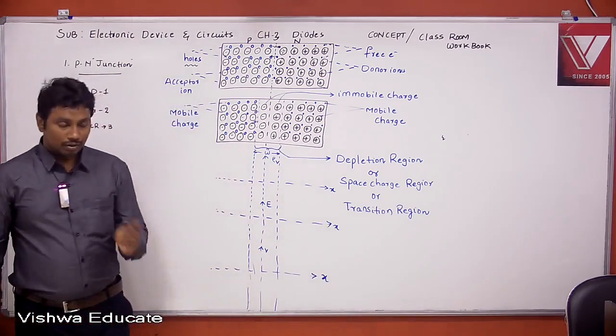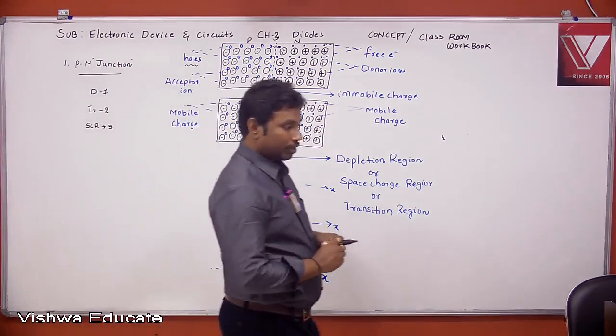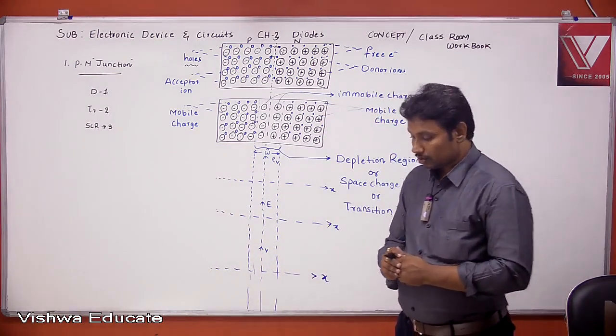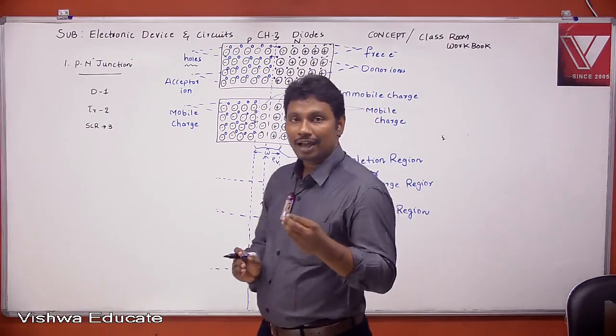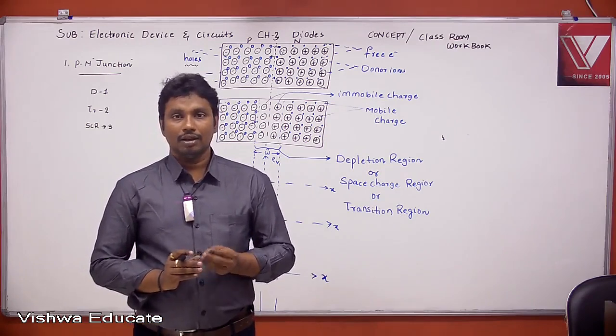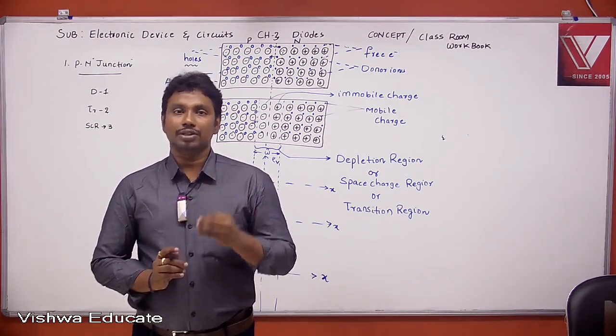Write down the notes. Any electronic device has at least one PN junction.